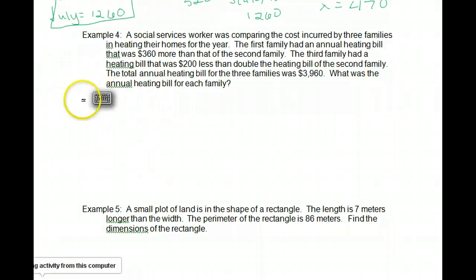As you were reading through this problem, you should have seen that the first and third families' values were both based off of the second family. So we're going to let x equal the second family's bill.